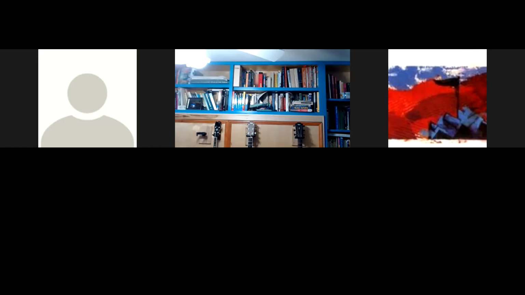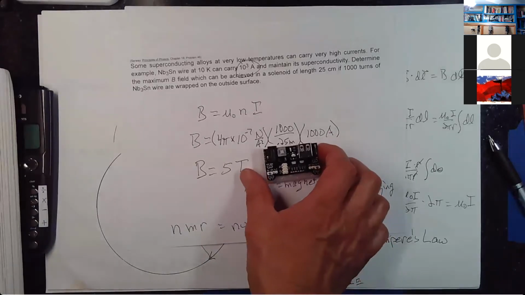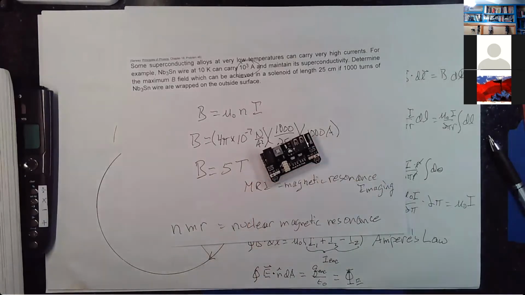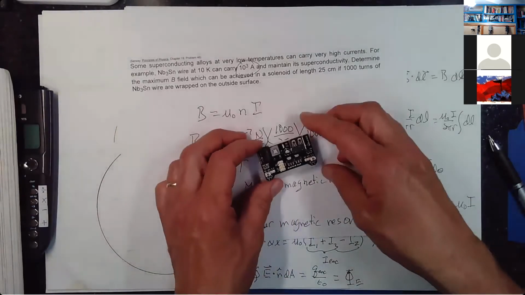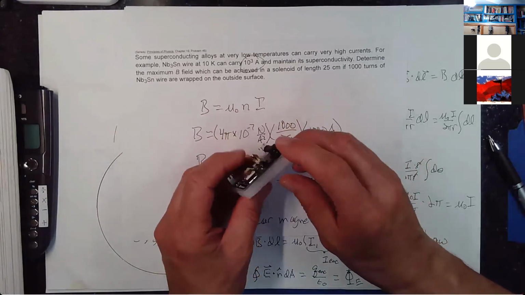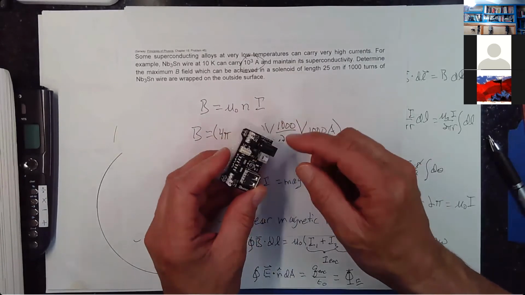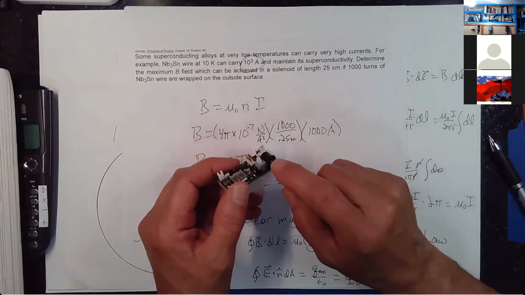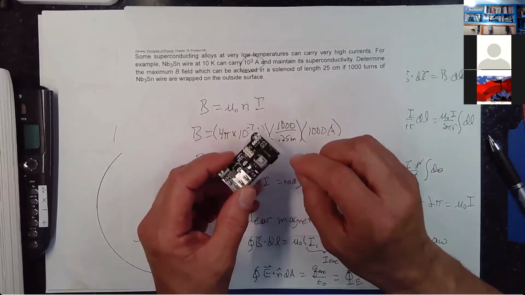Well, what you can use is, we'll switch back to this thing. I'm pretty sure you've all got one of these little gizmos in there. This is a power supply, and I'm going to experiment with it and see how stable it is. You can plug this into a USB port, or you could buy an external power supply for this.